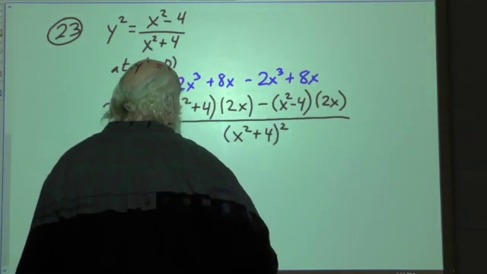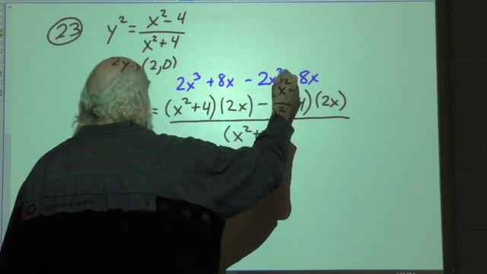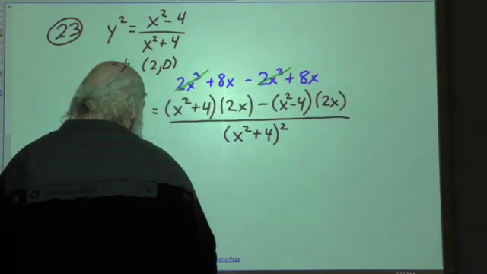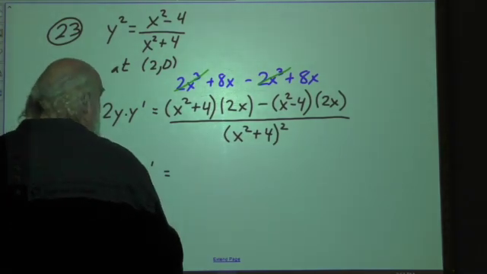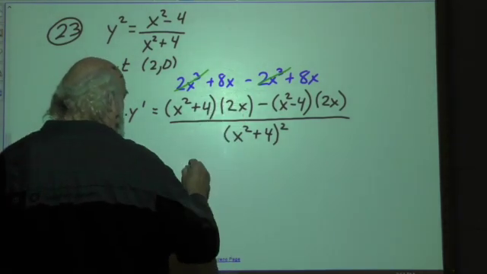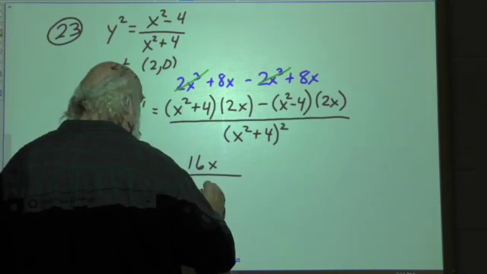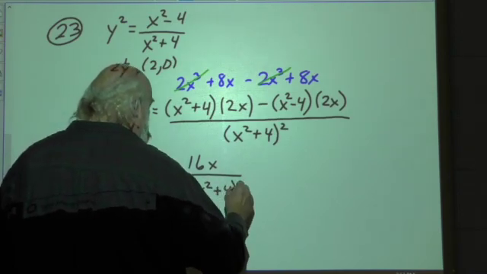Now rather conveniently, these two cancel out. That makes life a tad easier for us. So that gives us on top 16x over x squared plus 4 quantity squared.